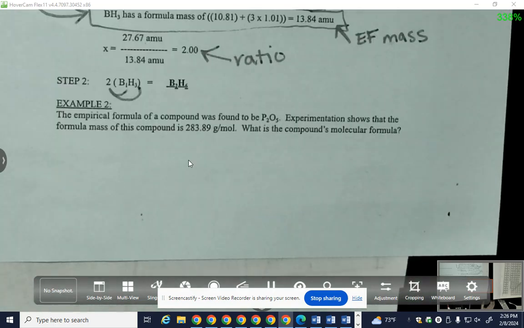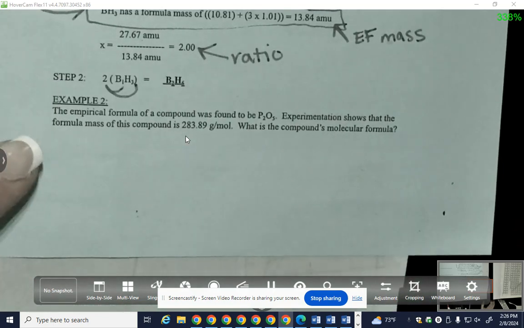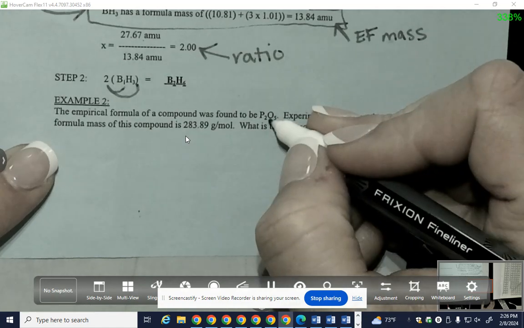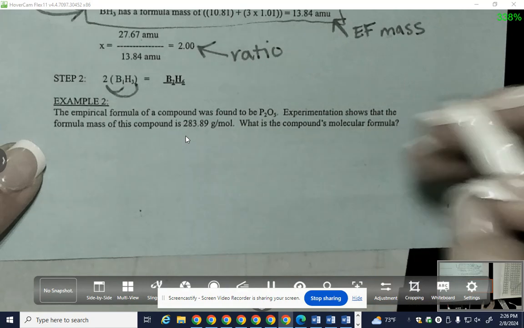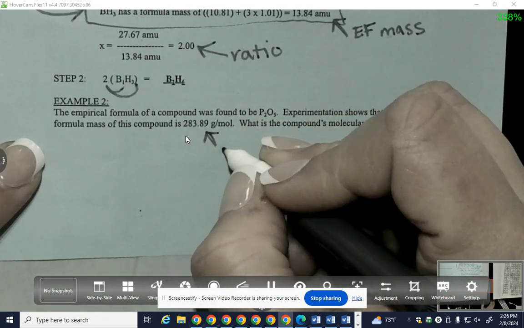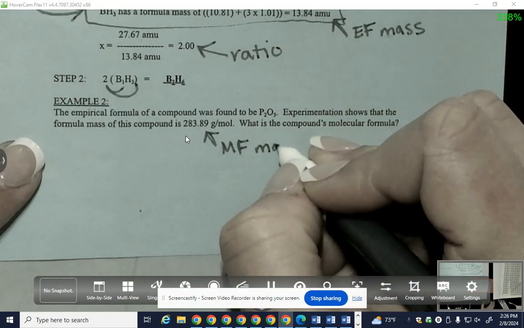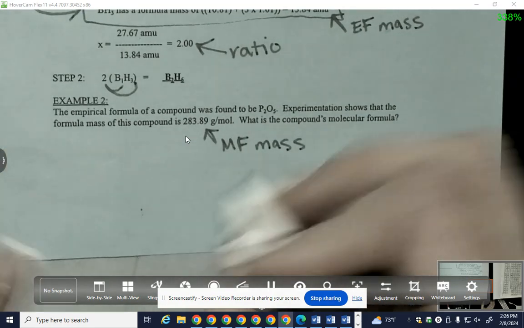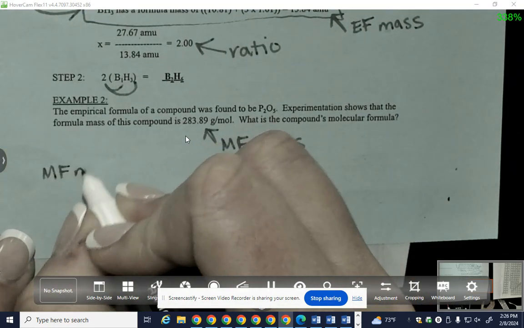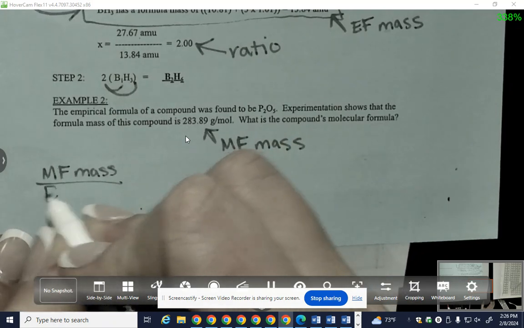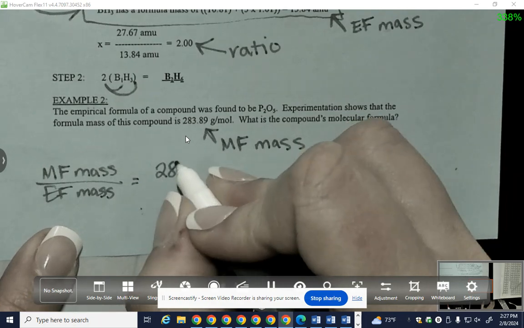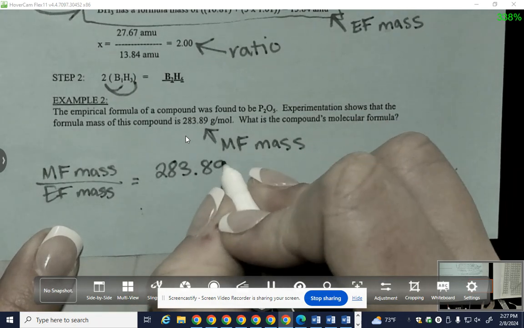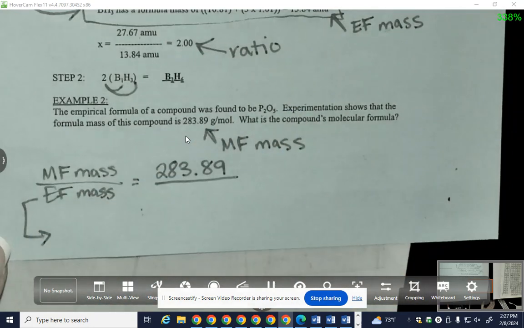The example that we have down here: empirical formula is P2O5. Experimentation shows that the formula mass of this compound is 283.89. That's your molecular formula mass. So we're going to put molecular formula mass divided by empirical formula mass: 283.89 divided by, and then we have to find our empirical formula mass.